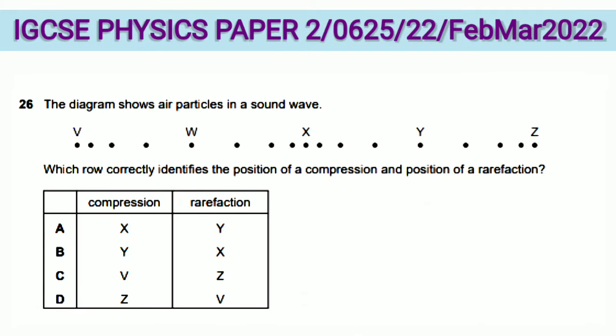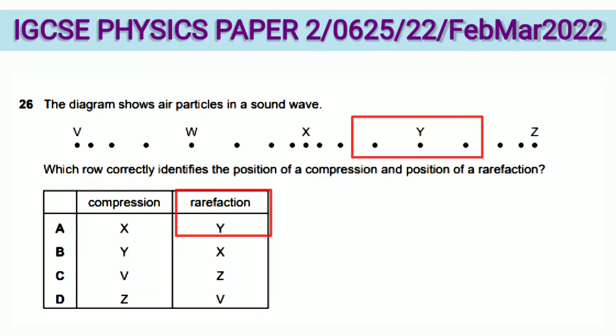Let's do question 26. The diagram shows air particles in a sound wave. Which row correctly identifies the position of a compression and position of a rarefaction? Let's check option A. X is a compression. We know compression is a part of wave where particles of medium are more dense or they are closest. So here we can see in section X of the wave, particles are closest, so it is compression.